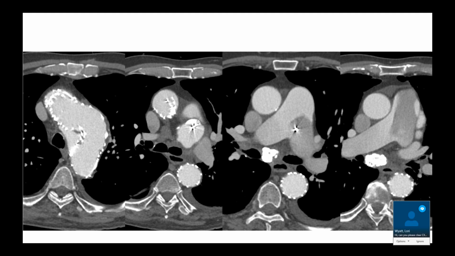You can see the opacification, because it was timed for the pulmonary artery, was much better in the RV, and this was the true lumen. Now this is the aortic opacification, and this is what communicates with the right pulmonary artery. So this is the false lumen, which was extending into the right pulmonary artery. The left predominantly had this true luminal communication with the main pulmonary artery and RV.